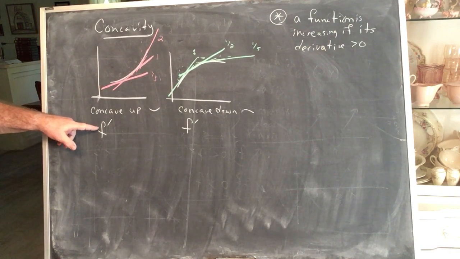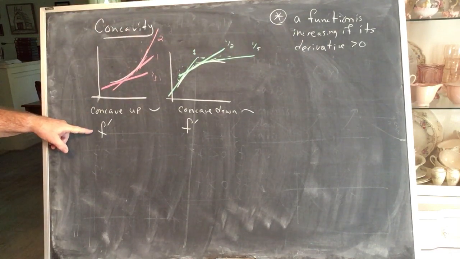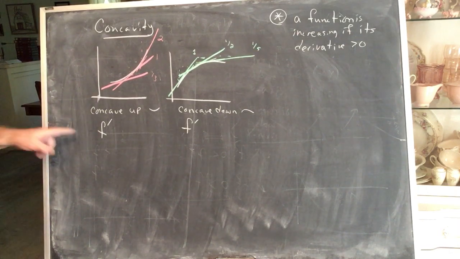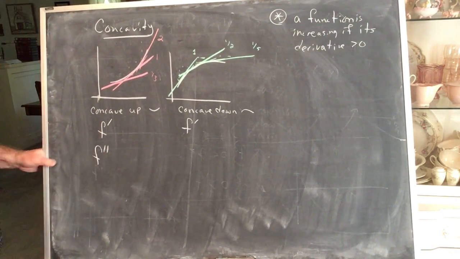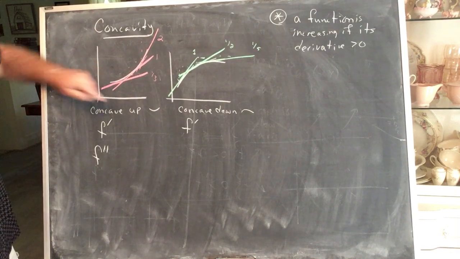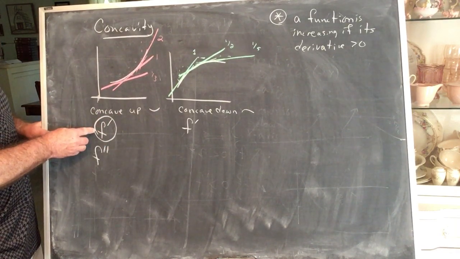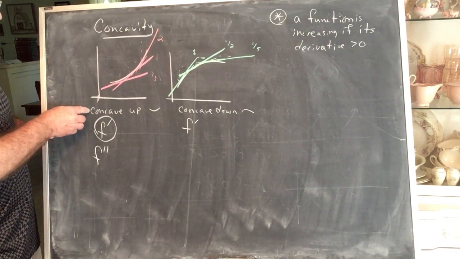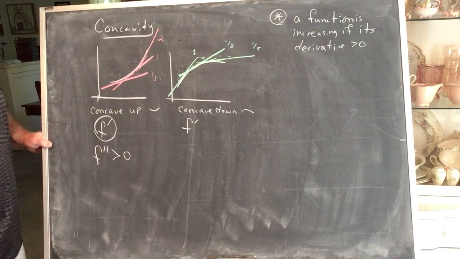Any function is increasing if its derivative is greater than 0. What is the derivative of the first derivative? Yes, it's the second derivative. So the curve is concave up if the derivative of this function is greater than 0, which means the curve is concave up if the second derivative is greater than 0.